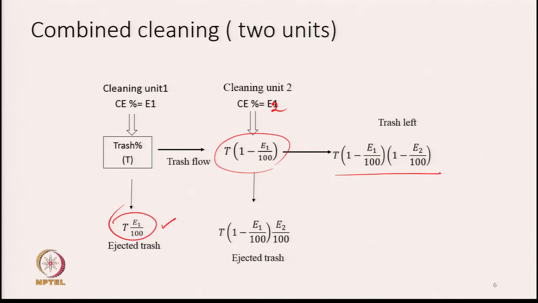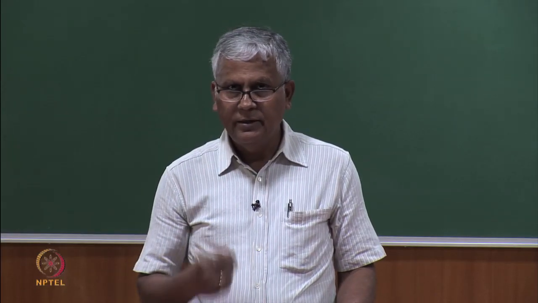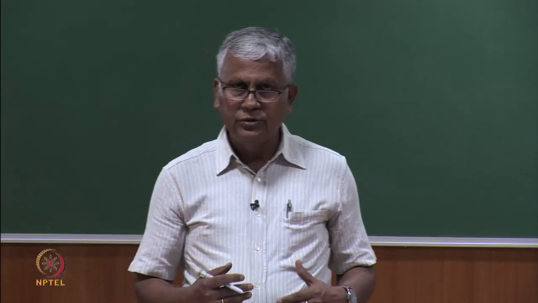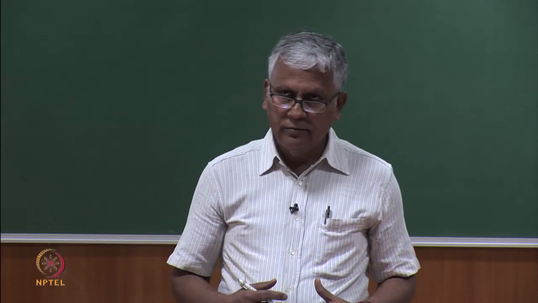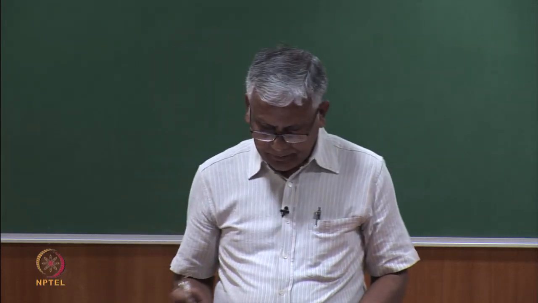What is shown at the bottom is the trash getting ejected, and what is moving forward is also shown in the diagram. At each and every step the machine is cleaning the material, part of the trash or impurities is falling down or being extracted, and the rest is moving forward.